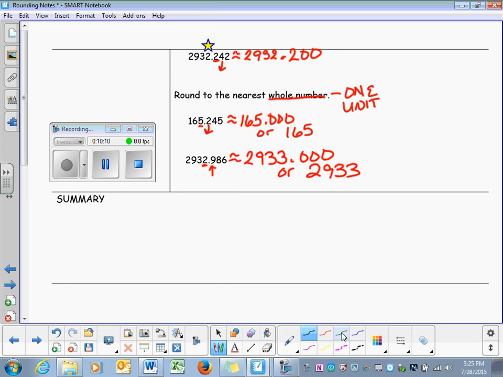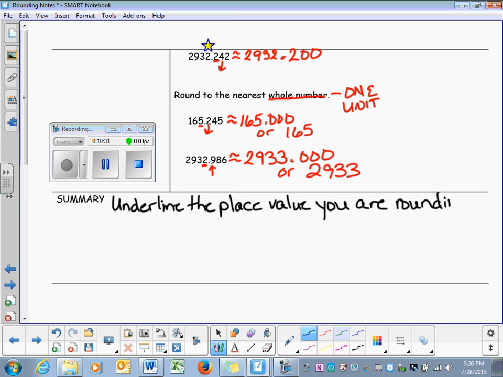So to summarize this, I would say underline the place value you're rounding to. Look at the place value to the right.